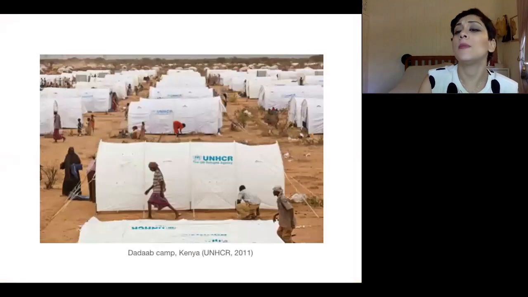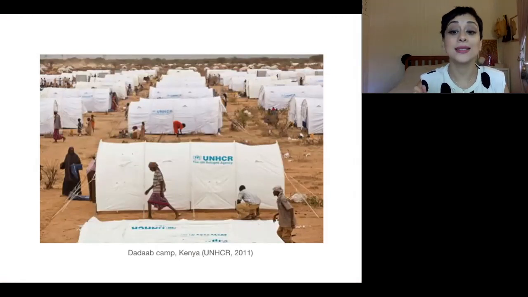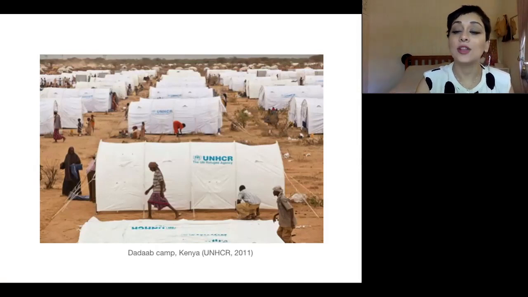So, what do we know about refugee camps? Refugee camps, also known as planned humanitarian settlements, are designed by the humanitarian organizations as temporary, standardized infrastructures that respond to moments of political failure to contain mass displacement.